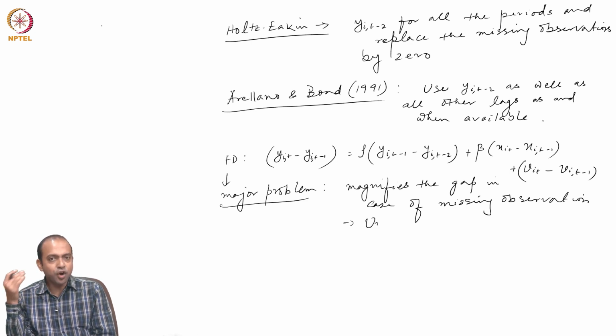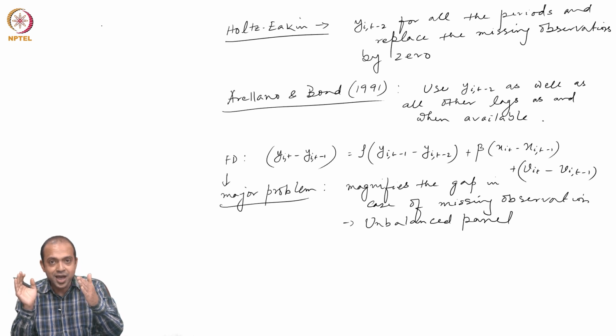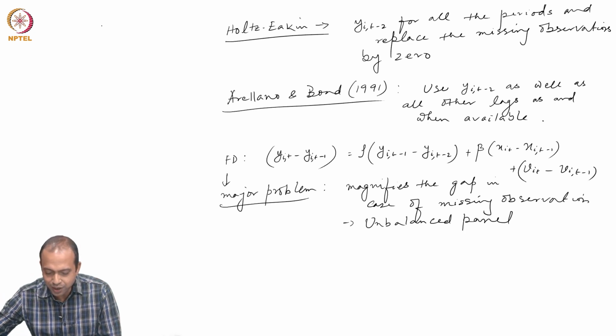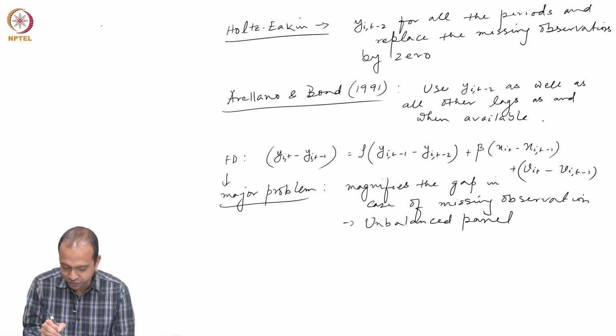So, it is quite common that some observations will be missing, and if yit is missing, then delta yit+1, delta yit-1, all these observations are not available. So, it will magnify the gap, and you will lose a lot of information in case of unbalanced panel if you apply first difference. So, to overcome this, another transformation was suggested in the literature.